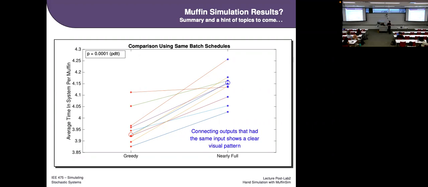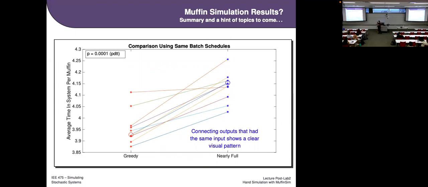And this is a common graph that we'll see when we do paired analysis, when we pair up these things this way to increase our statistical power. Now, when I plot it this way, I hope you see there's a much clearer visual pattern. Whereas before, these two data points overlapped with these three, making me worry that maybe the pattern I saw was just by chance. Here, every one of these lines has a positive slope.